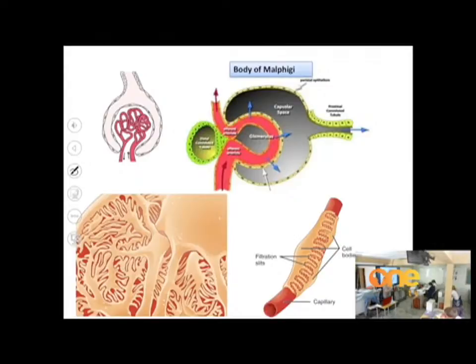The moment when you find any red blood cells in your urine, you will say you have blood in your urine, isn't it? When you see red urine, you think there's blood in your urine. Then you must know that there is a wound, like a torn part in your capsule of Bowman.